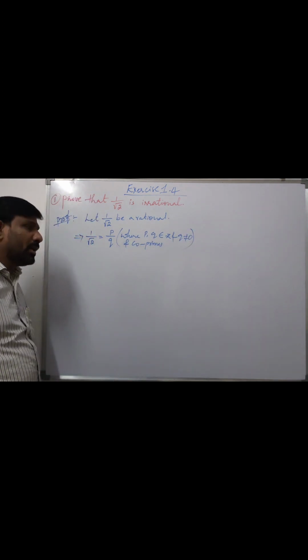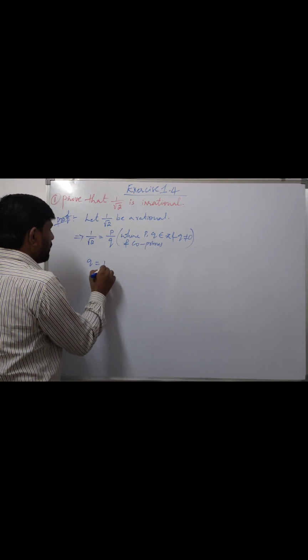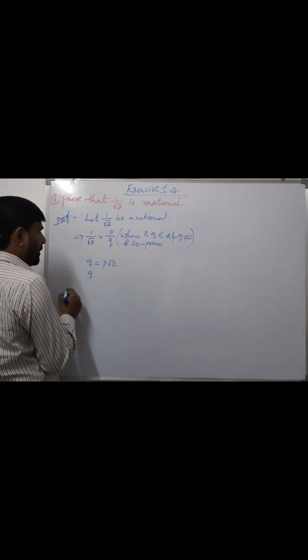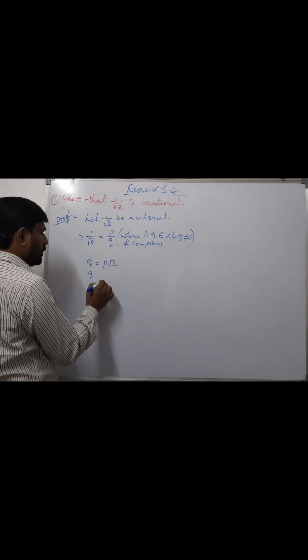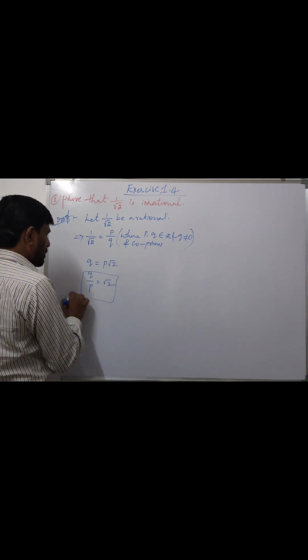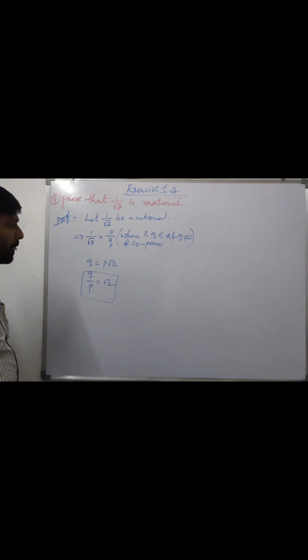Okay. Now you do the cross multiplication. Q is equal to P root 2. Now you bring P to this side. Q by P is equal to root 2. Right? So clearly Q by P is equal to root 2.